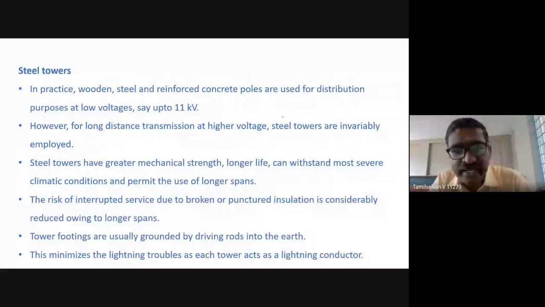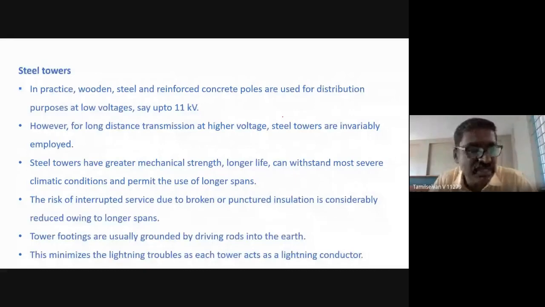Up to 110 we often use steel towers, and for long spans steel towers are invariably employed. Why? Because they have greater mechanical strength and longer life, and they can handle different climatic conditions. We can use a longer span for the erection of the conductors, but a broken or punctured insulator will considerably reduce the longer span.